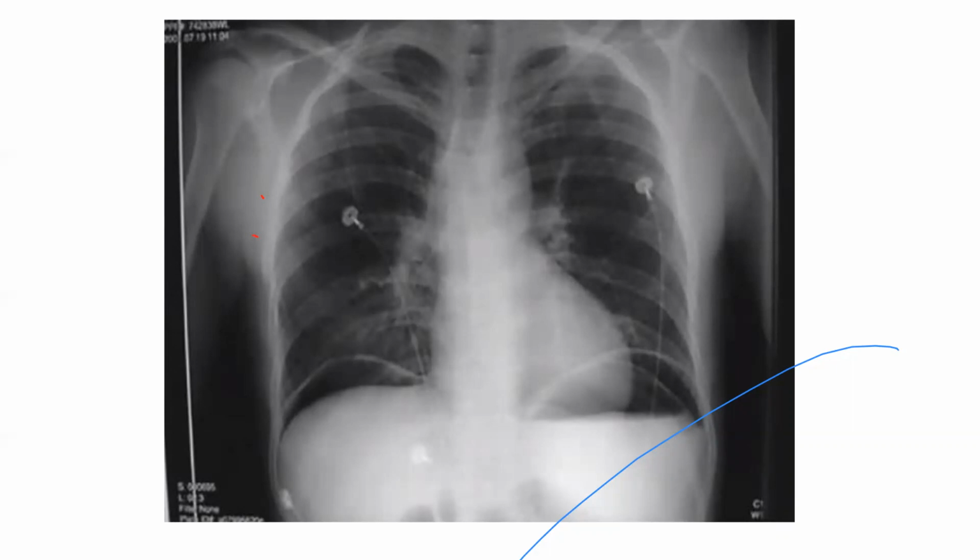What is pulse deficit? Do you know the meaning of pulse deficit? Well, it occurs in cases of atrial fibrillation. Some beats don't reach the peripheral circulation, so that's why there's a deficit in the pulse.